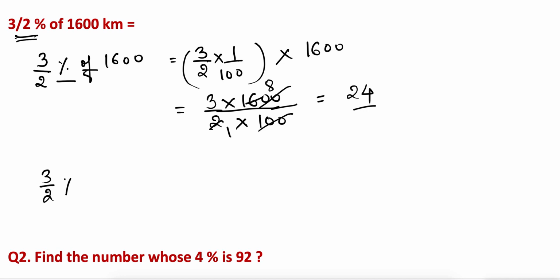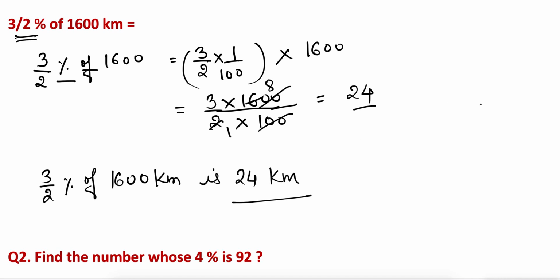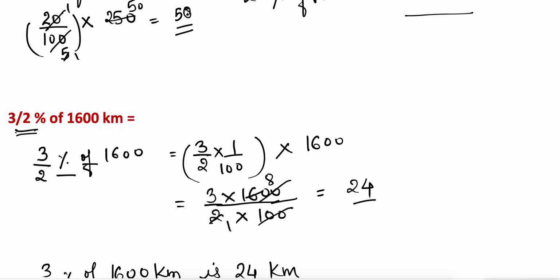So 2 by 3% of 1600 kilometers is 24 kilometers. So in this way we can simplify the question of percentage and we can find the percentage of the number.